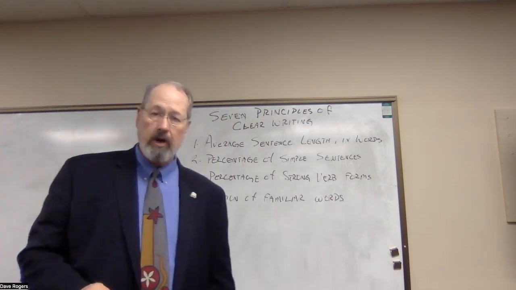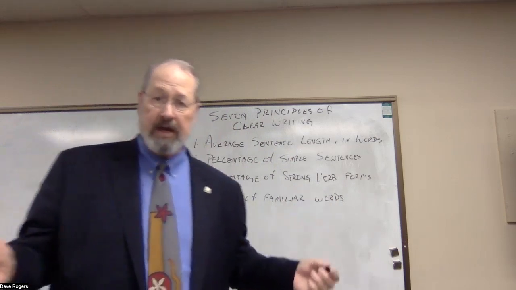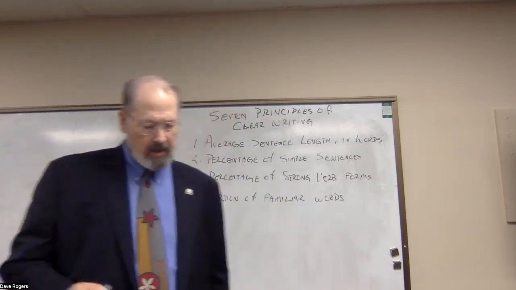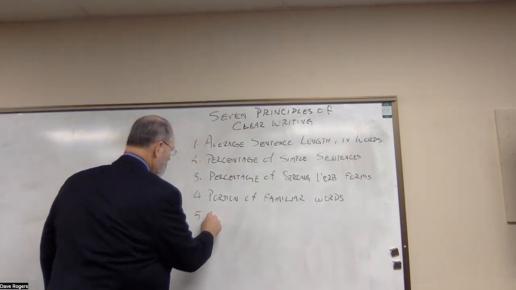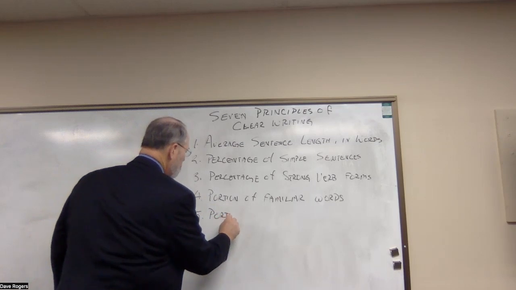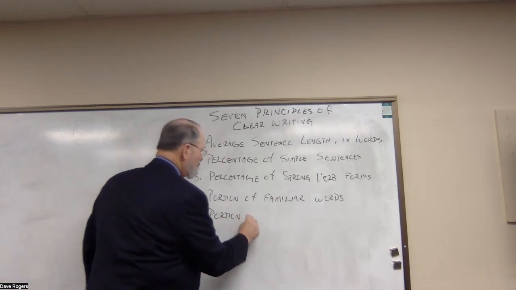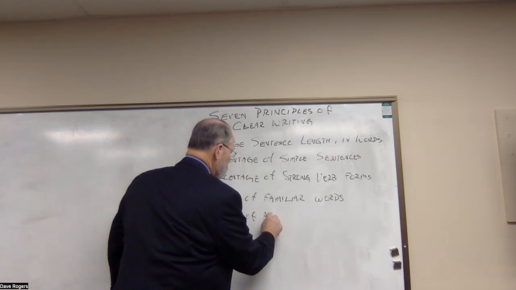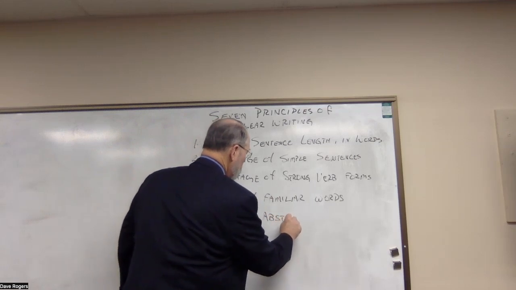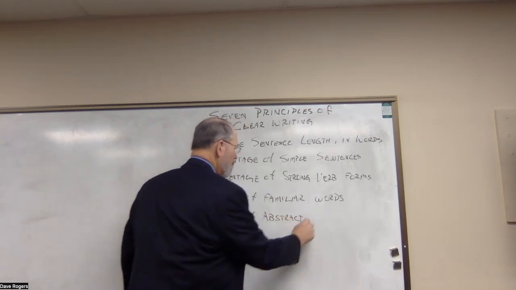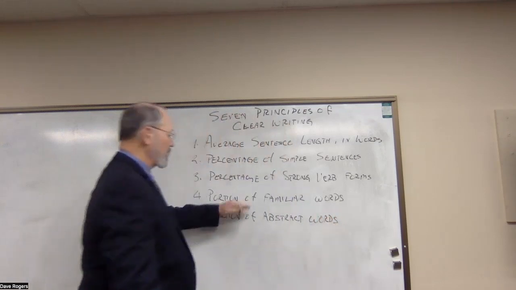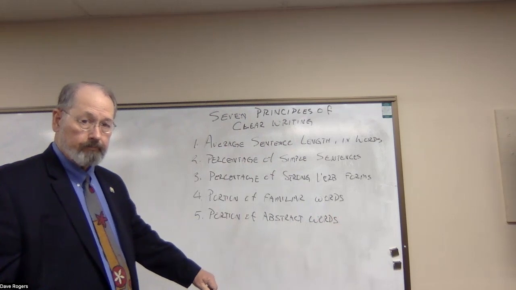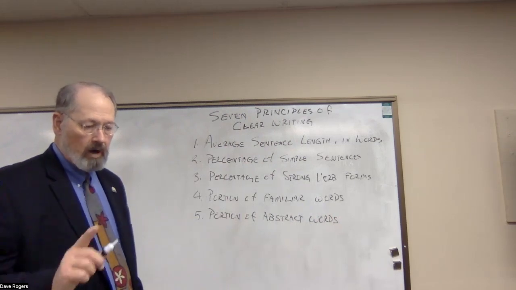How many familiar words are there overall? Is it a high percentage, a small percentage? Number 5 is the contrast. What is the portion of abstract words? Which one's greater, which one's smaller when you write?